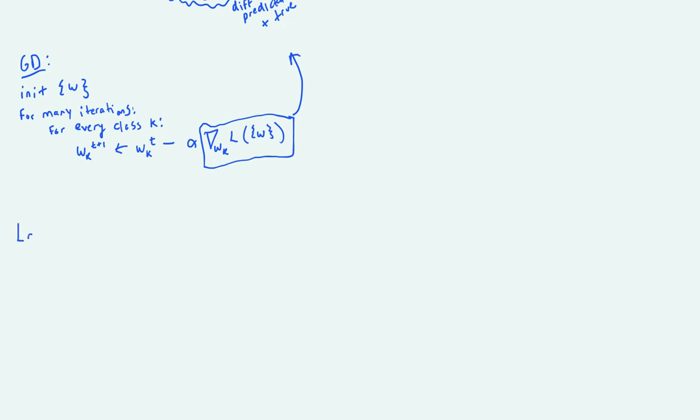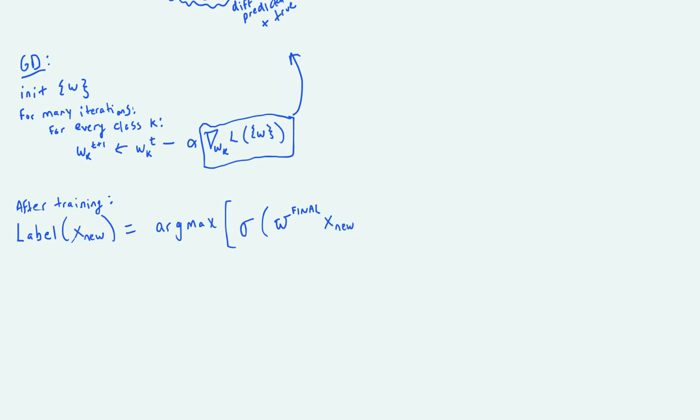And then the way that we'll label a new data point after training is we'll take the argmax of our softmax function of the final W matrix, which we received in training, times our new data point.